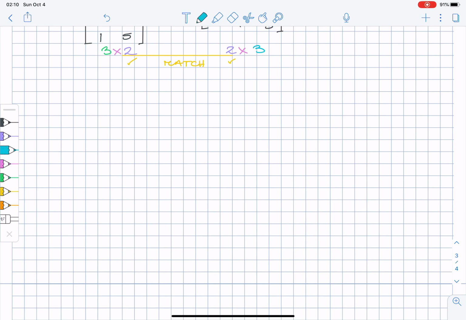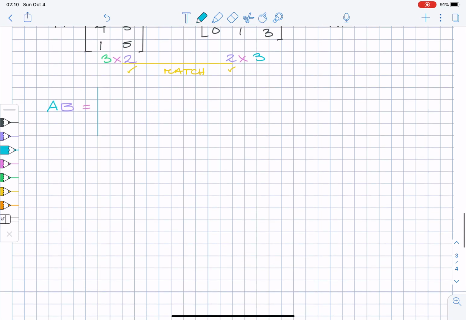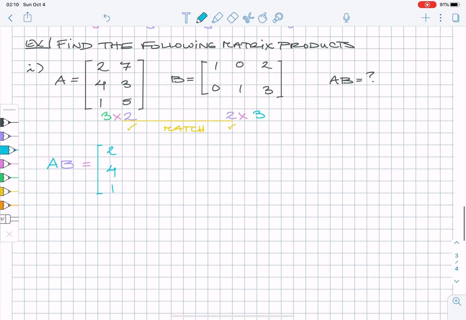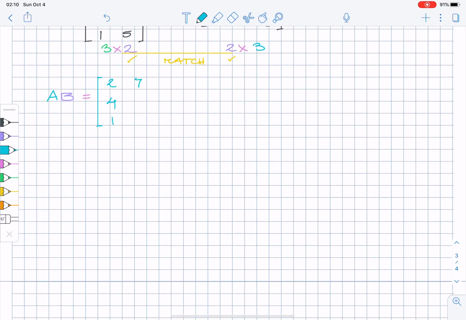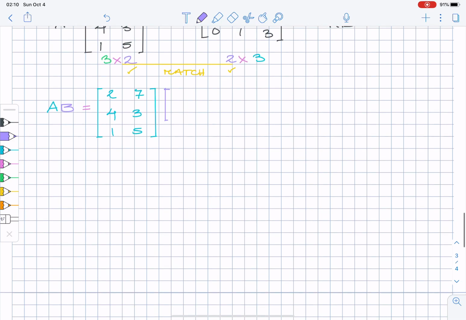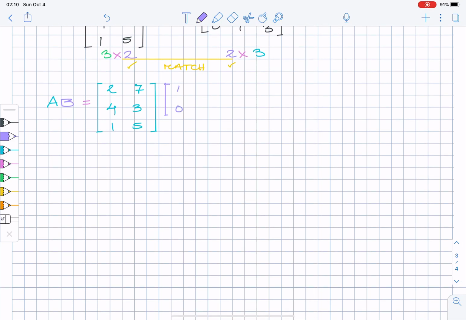Okay, so let's have A times B, which is going to be matrix A, 2, 4, 1, 7, 3, 5, times matrix B, 1, 0, 0, 1, and then 2, 3.